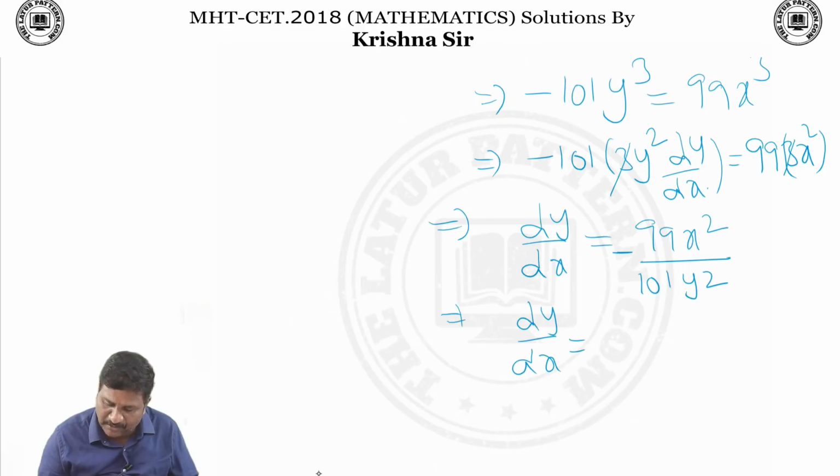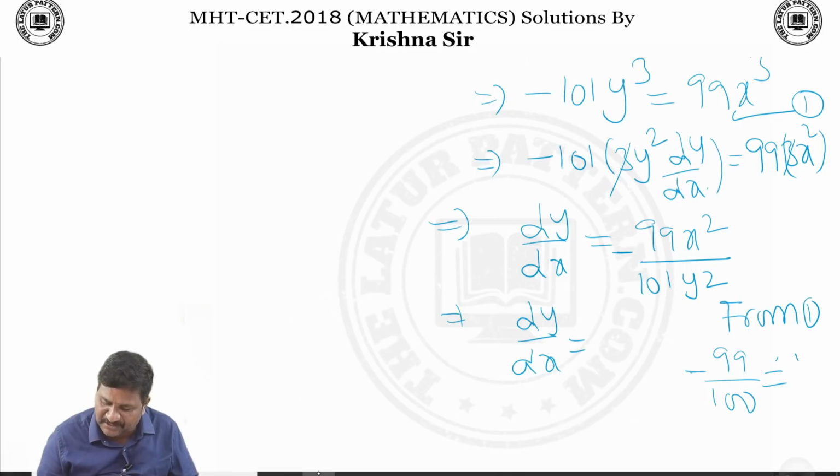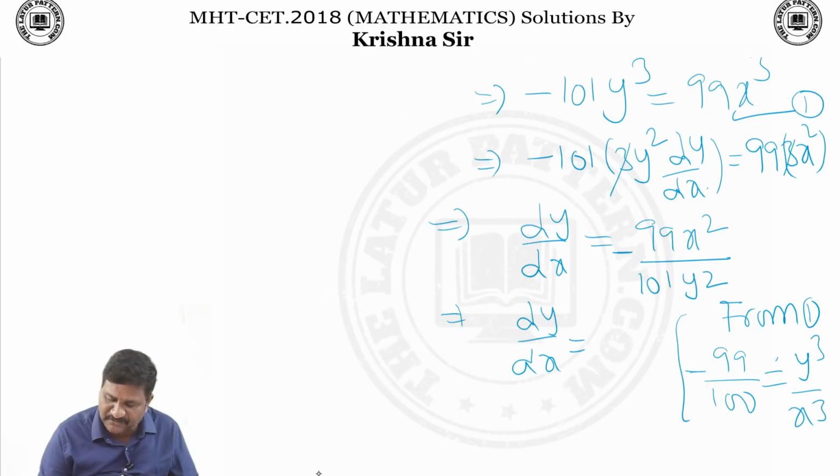99 upon 101, this equation you take as 1 from 1. The minus 99 upon 101 can be taken as y cube upon x cube. From this first equation we take this minus 99 upon 101 equal to y cube by x cube.